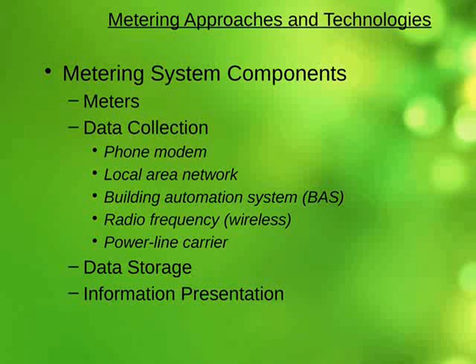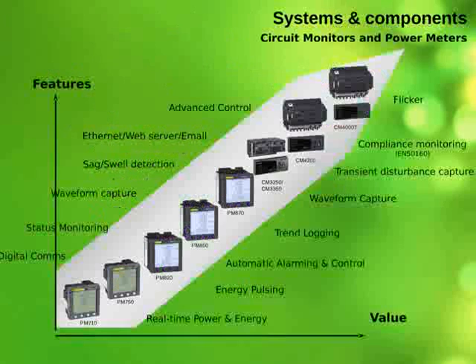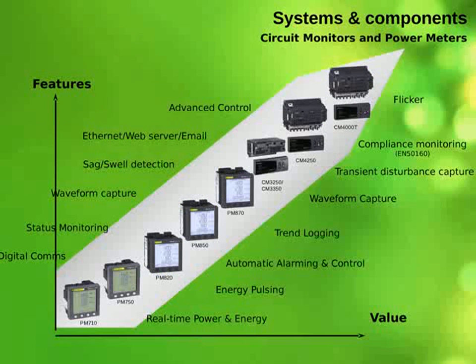Okay. I spoke to systems and components. Looking at basically the differentiation between circuit monitors and power meters. When we talk about power meters, really that's the design criteria of the meter.